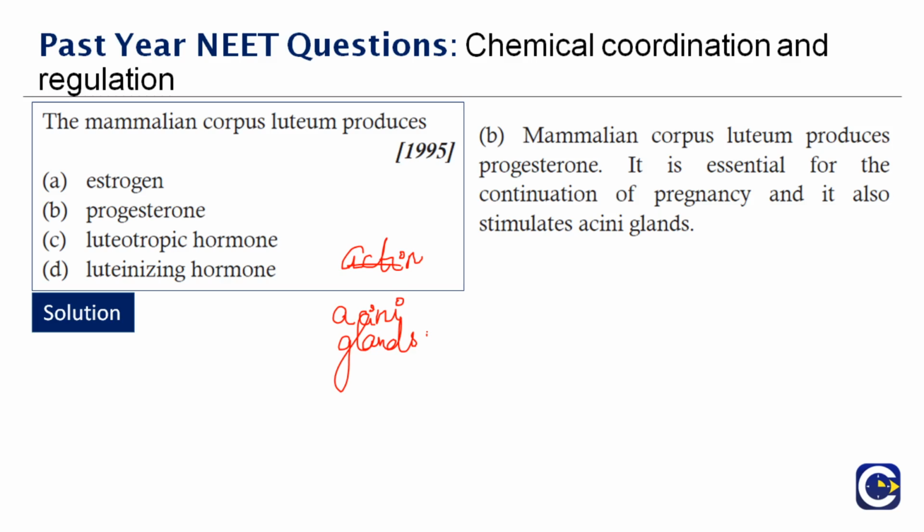It is the mass of cells that forms in an ovary and is responsible for the production of the hormone progesterone during early pregnancy. The role of the corpus luteum depends on whether there is fertilization or no fertilization. Therefore, the mammalian corpus luteum produces option B, progesterone.